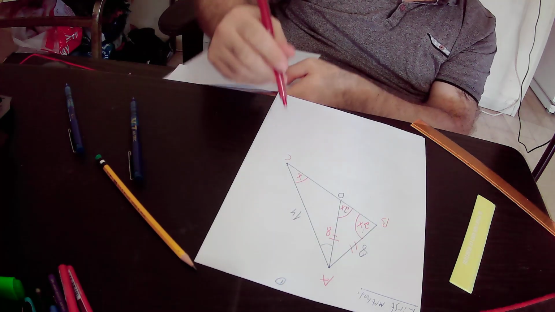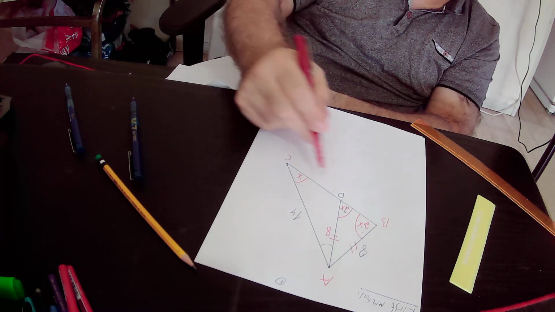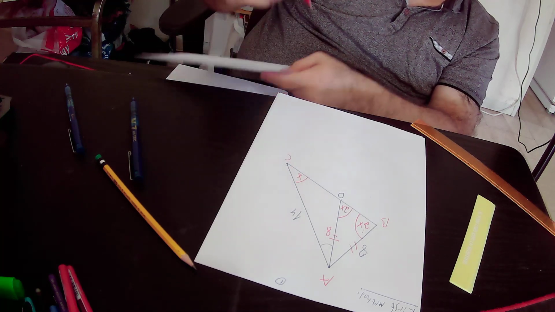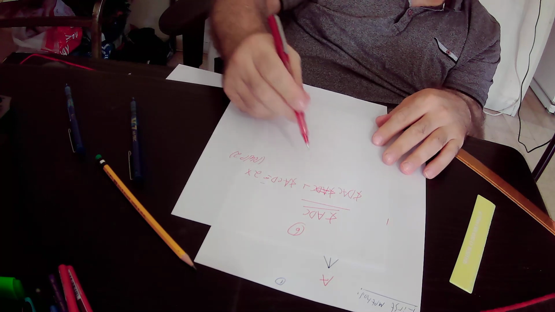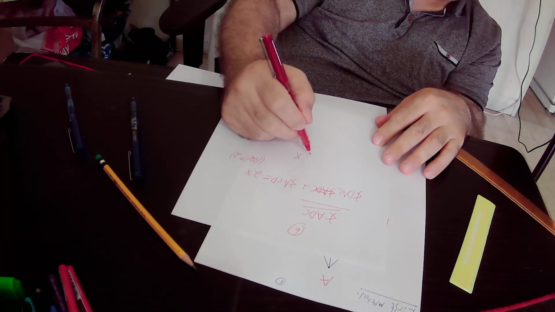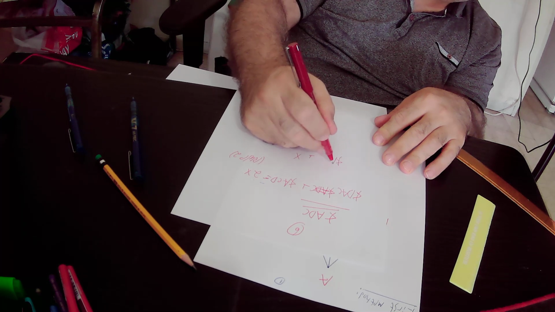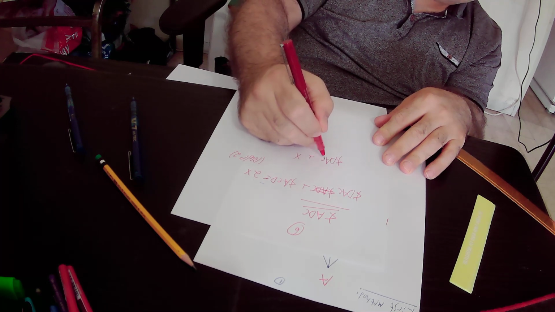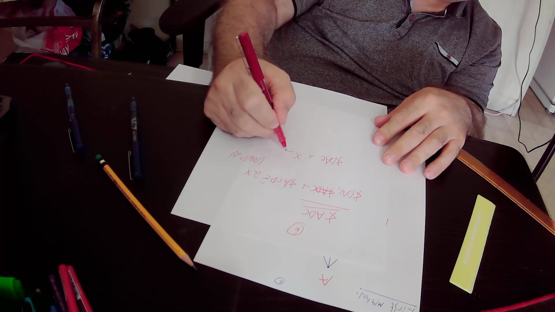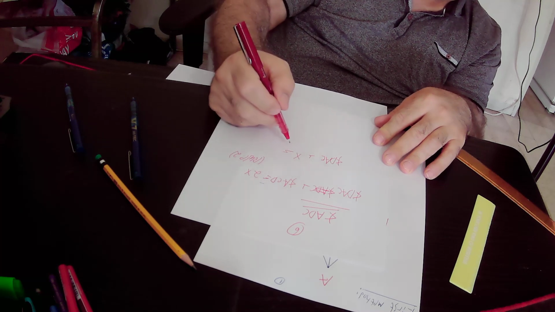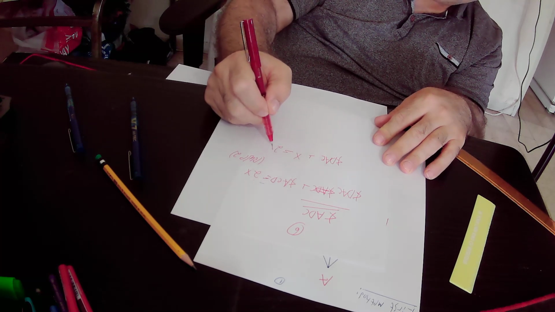But what is the value of angle ACD? Angle ACD equals to x. So here we have angle DAC, and we have the following equality: angle DAC plus x equals to 2x.